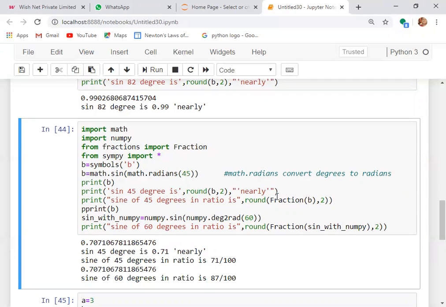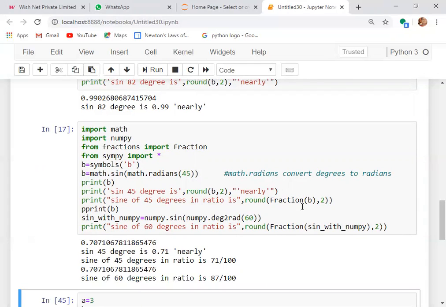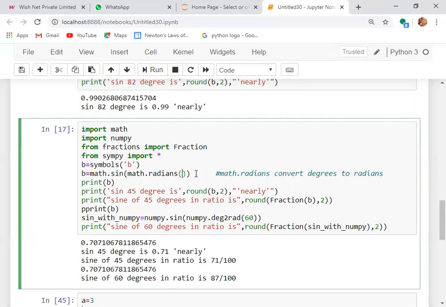Now if you print it as a rounded fraction, what will be the value? If you run this program, the fraction converts the sine 45 degree value, which is nearly 0.71, and its ratio value will be 71 by 100. Or the sine 60 degree ratio format is 87 by 100. If you do it with 30 degrees, see the awesome result.